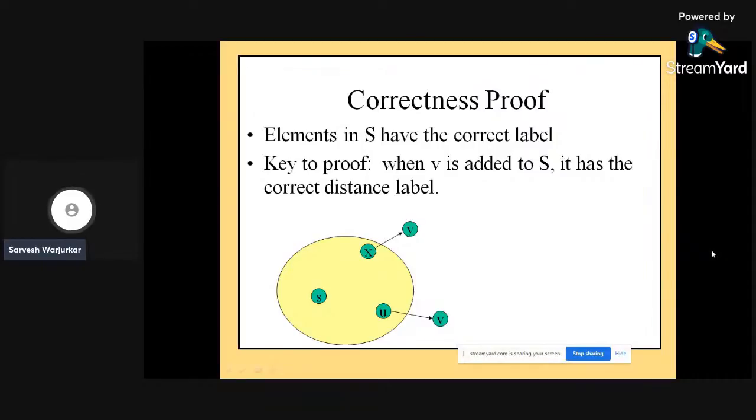Dijkstra's algorithm is for finding the shortest path from a particular node, called the source node, to every other node in a connected graph. It produces a shortest path tree with the source node as the root.